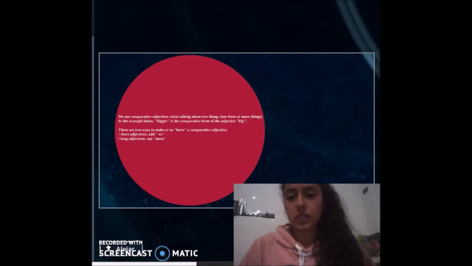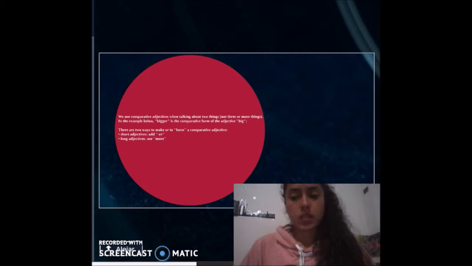We can use comparative adjectives to describe the difference. We use comparative adjectives when talking about two things, not three or more, only two. In the example below, bigger is the comparative form of the adjective big.